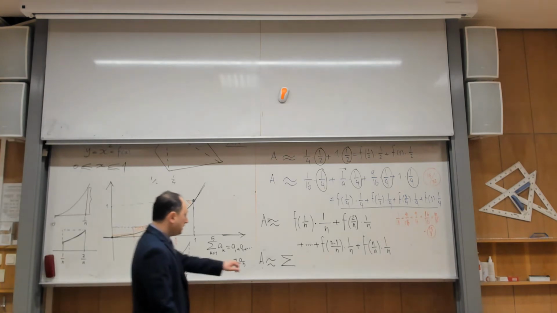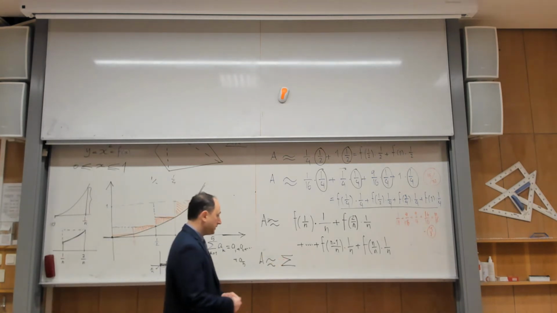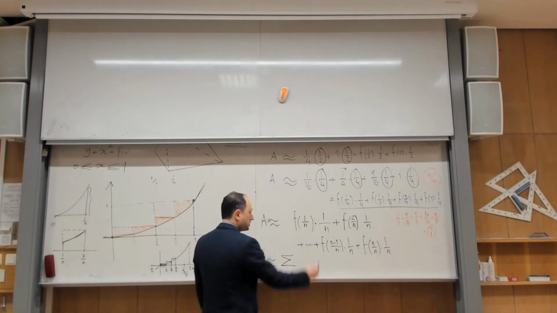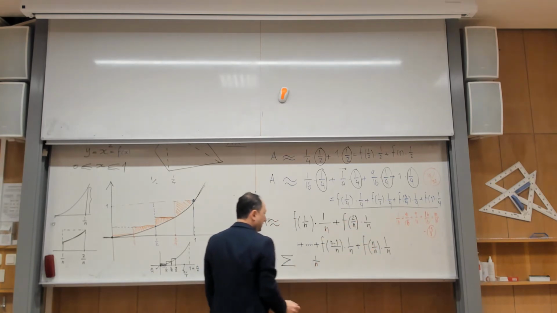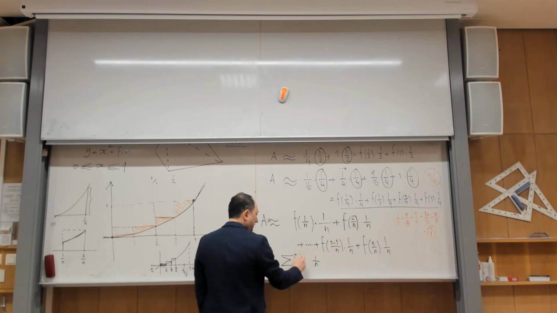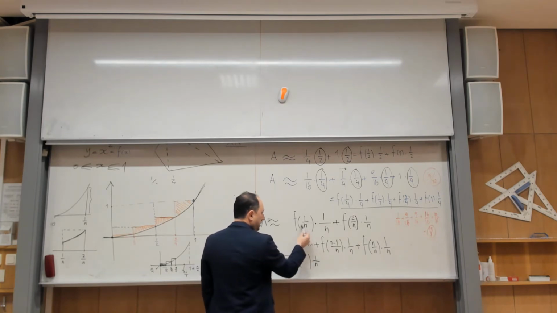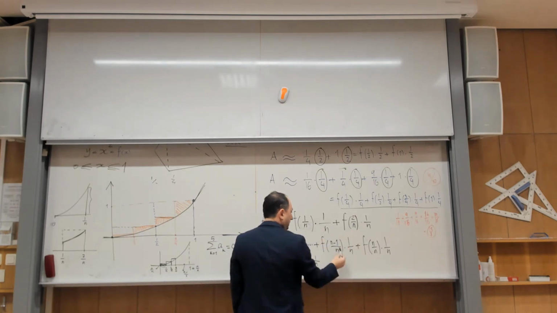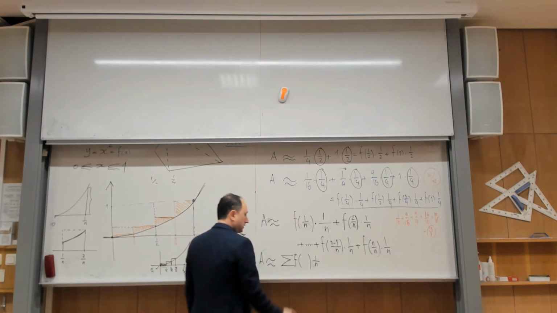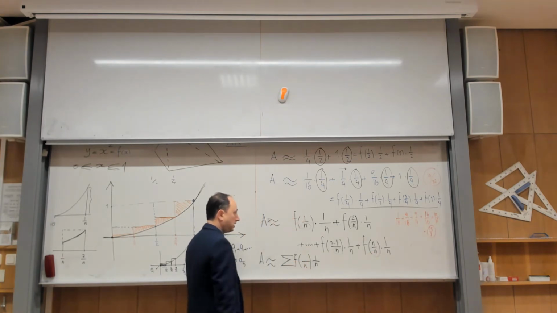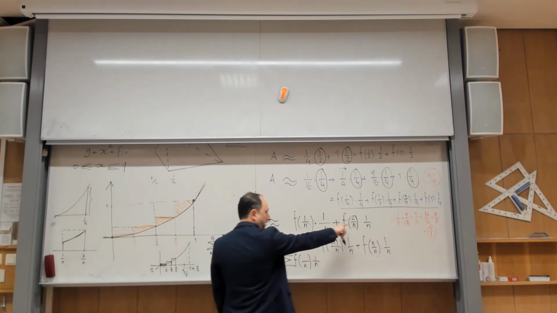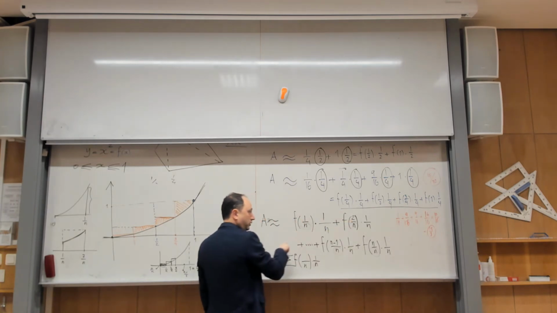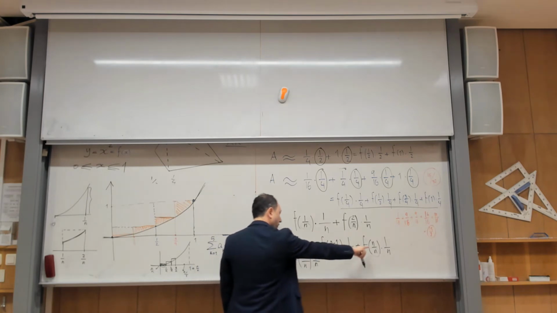Okay, so this one is a sigma. Can you write it in a sigma? You see, 1 over n is common, so I put 1 over n again. I have f here, and the denominator is n everywhere. But the numerator in the first one is 1, in the second one is 2, in the third one is 3, in the last one is n.